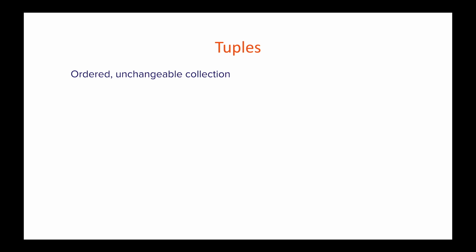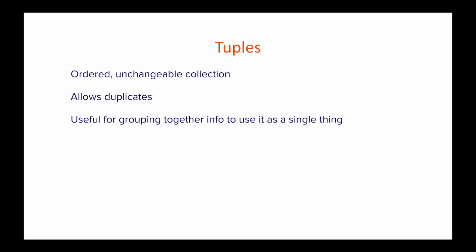It is an ordered collection, so the order of the elements is maintained. The first element that goes in has the index 0, the next one 1, and so on. So the order is preserved, and it allows duplicates. So you can have the same element multiple times in the same tuple. Now, they are useful for grouping things together to use as a single thing.